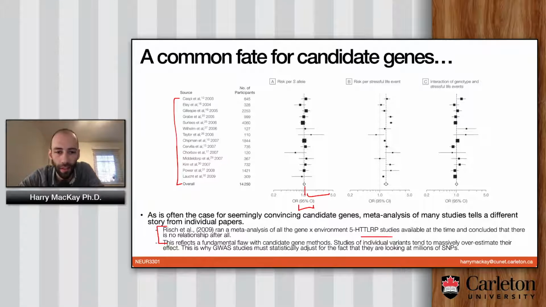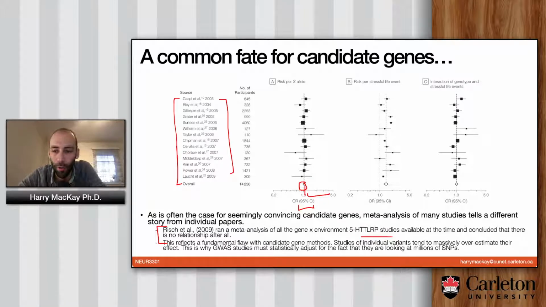So here are all the studies they've looked at, many with hundreds, if not thousands, of participants, and the diamond here represents the average of all the studies put together. You can see that the risk per S allele, or the number of copies of the S allele you have, on average doesn't have any influence on your risk of depression.